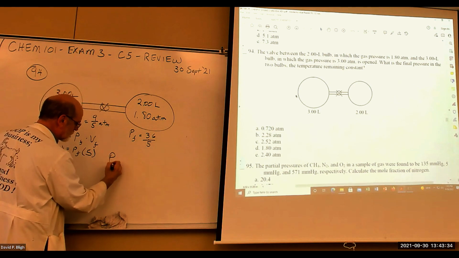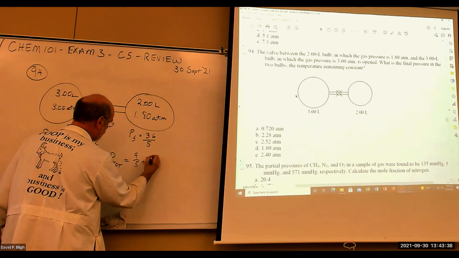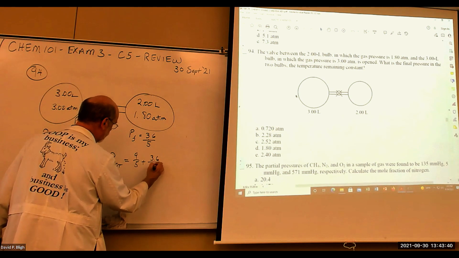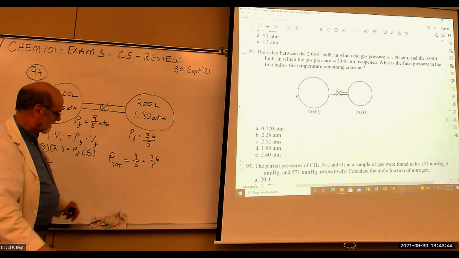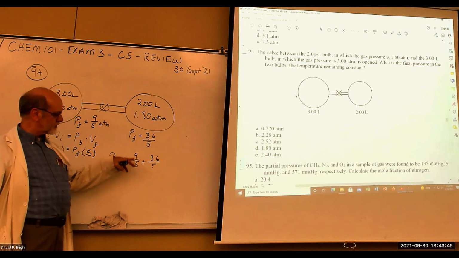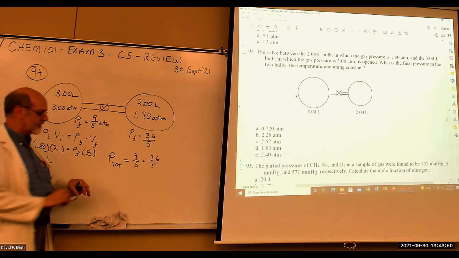And the total pressure is equal to 9/5 plus 3.6 divided by 5. They've got a common denominator, so we just add 9 and 3.6, right? 12.6 divided by 5.